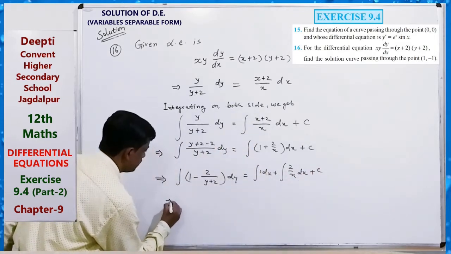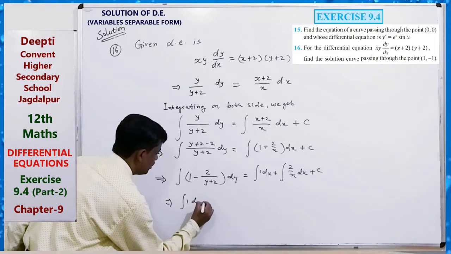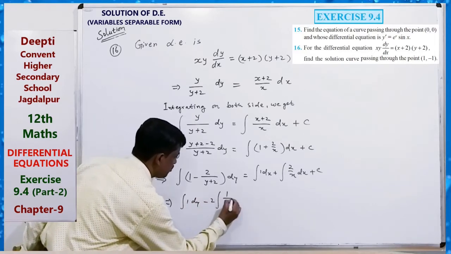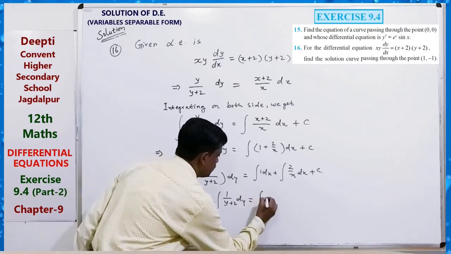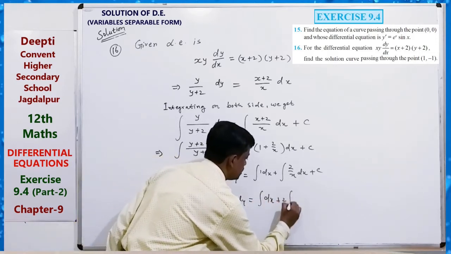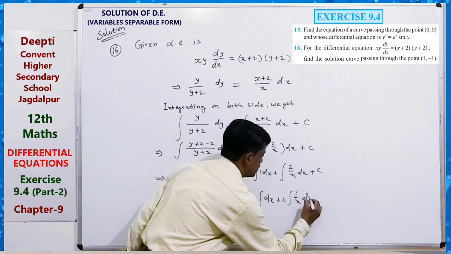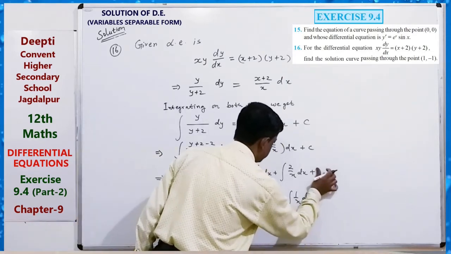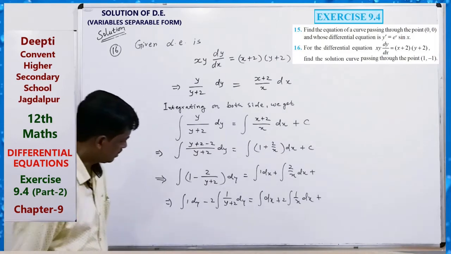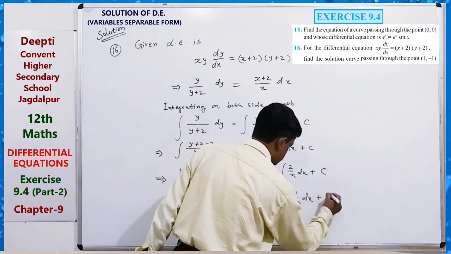So we can solve it: integration of y dy minus 2 times the integration of 1/(y+2) dy equals the integration of dx plus 2 times the integration of 1/x dx plus c.